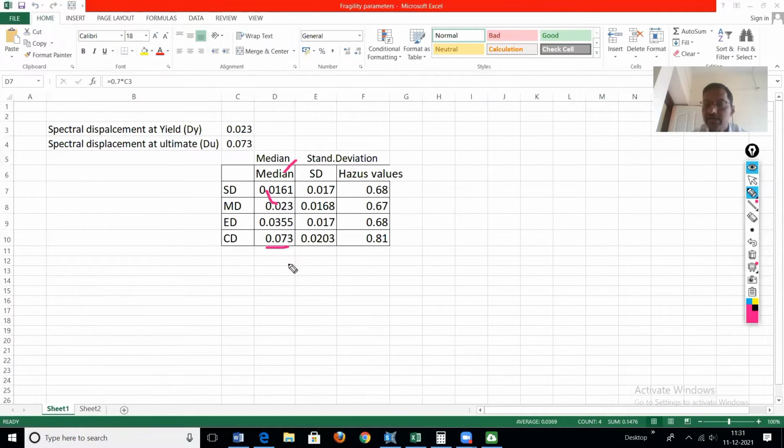Take this value and substitute it into that equation. And second, the beta value in meters will be 0.0203. This is for the complete damage state. So just substitute these two values into that particular equation for the fragility.